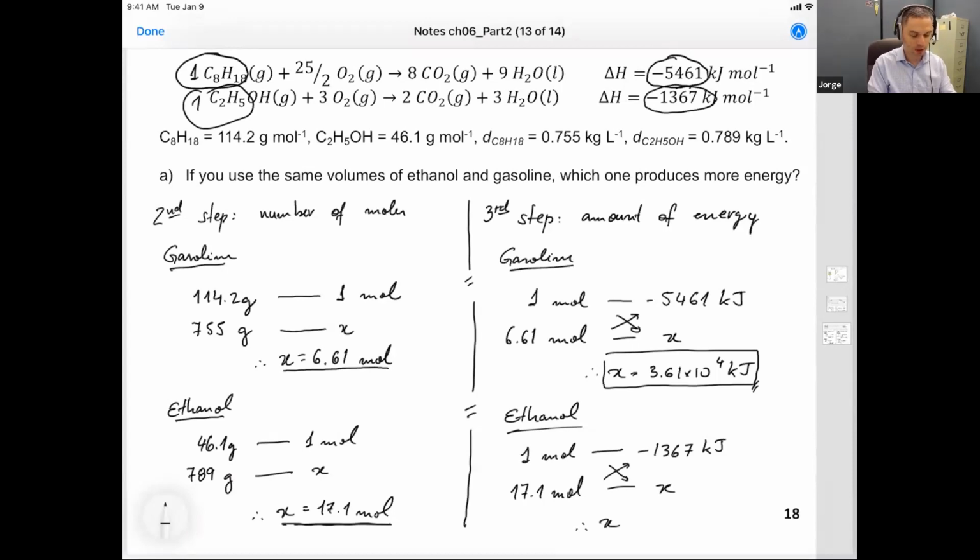Again, cross multiplication here, and we are going to get, according to my numbers, 2.34 times 10 to the 4 kilojoules.